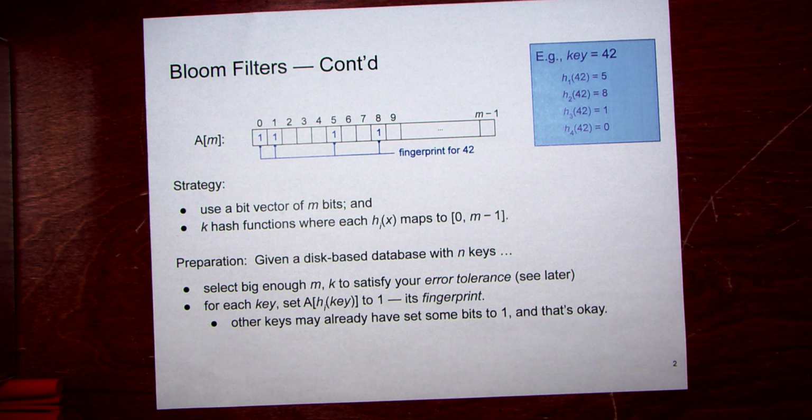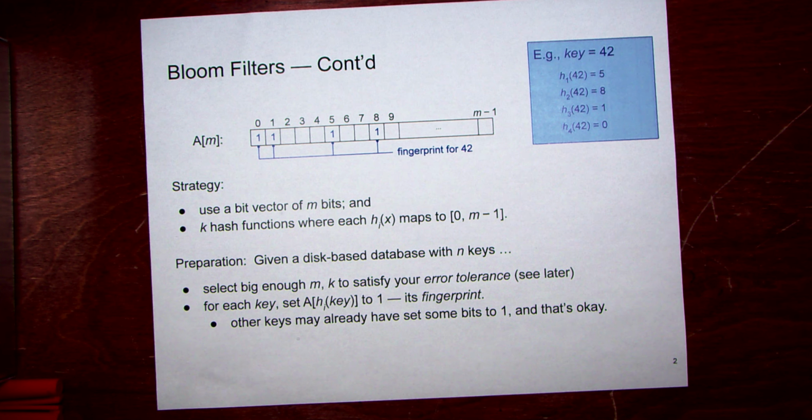If some other key has already set it to 1, that's okay. If we think of this as balls and bins, which we're going to do in a moment, we only care whether each bin is empty or not empty, basically. Has part of a fingerprint touched a bin? This is very much like balls and bins from before, and we have an analysis slide a little later that actually says balls and bins.